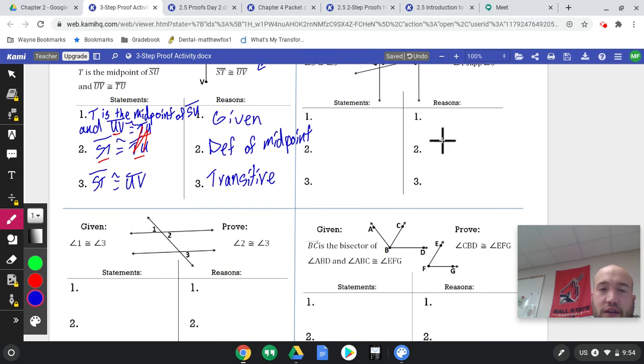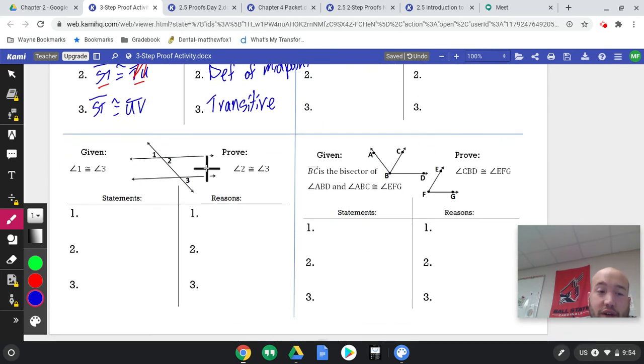All right, I'm going to do one more with you here. The last one I'm going to do today, if we look here in the bottom left here, angle 1 is congruent to angle 3. And we know that because it is given to us. Now, for this one, we need to look at this picture, and hopefully there's some angle pairs you recognize. Angle 1 and angle 2.